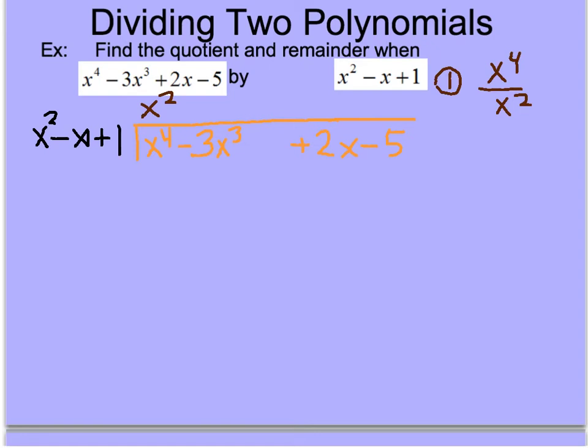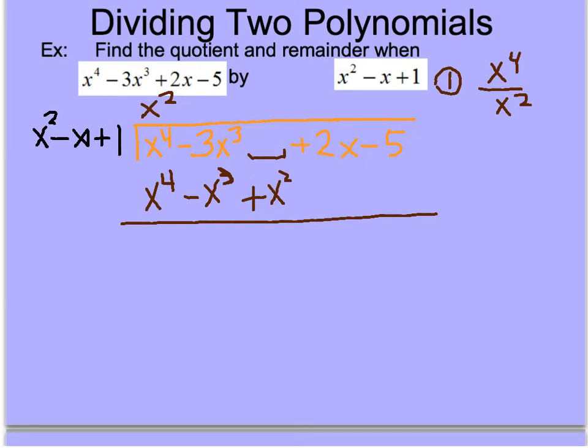When I perform that multiplication, I get x to the 4th minus x cubed plus x squared. And so that's where our space comes in up here. We have an x squared term now.